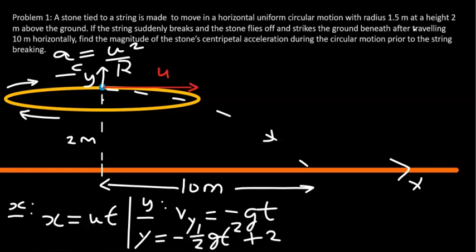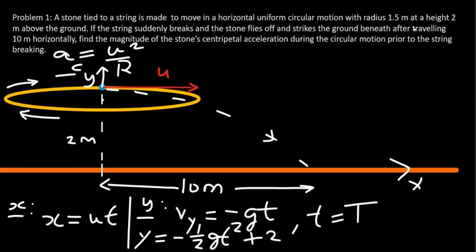First, we figure out the time it takes for the stone to travel upon the string breaking. It will start to move in the following trajectory, and the time it takes to go from there all the way as it hits the ground, that is the time of flight. Let's consider capital T for time of flight.